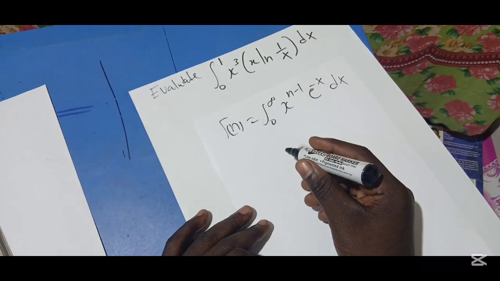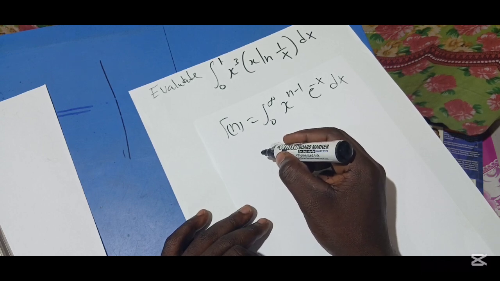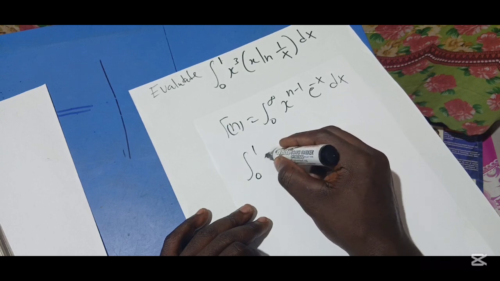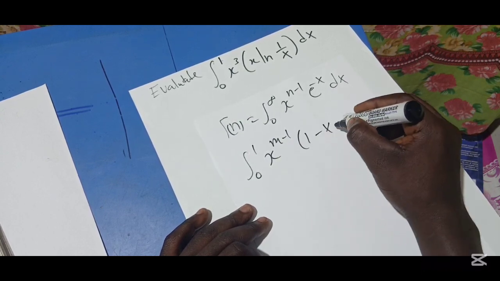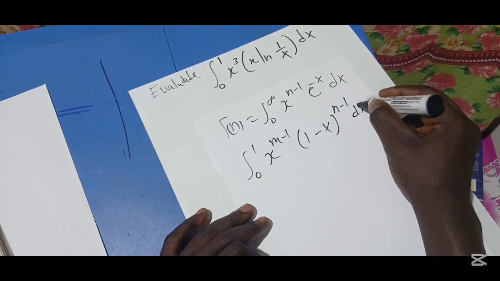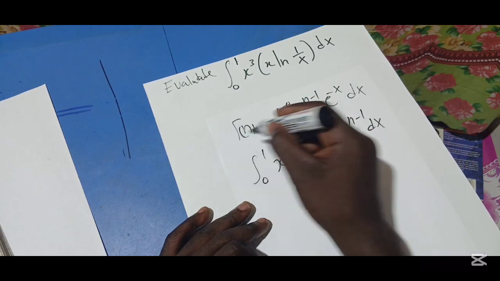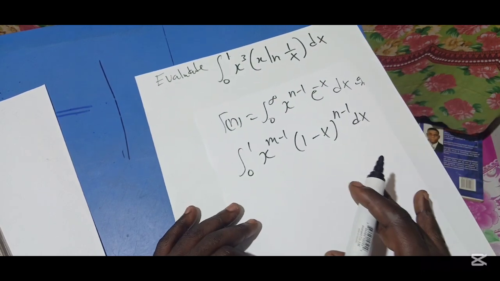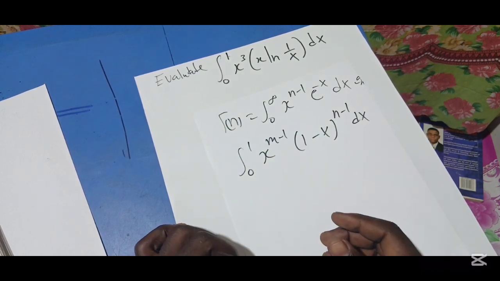Comparing this question to the general definition for beta functions, which is of the form integral from 0 to 1 of x to the power n minus 1 times (1 minus x) to the power n minus 1 dx, you could see that this one is closer to gamma functions as compared to beta functions. The nature of the question will even give you a hint as to how to go about it.